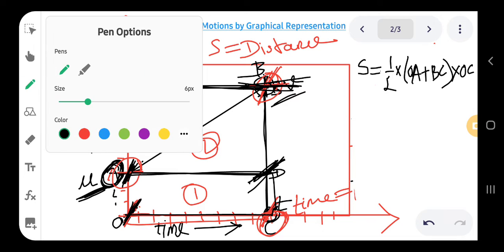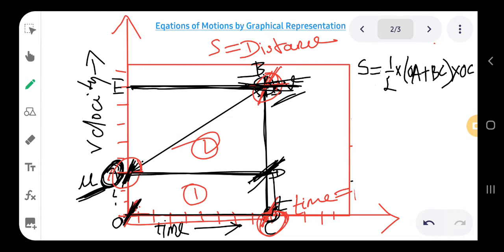Now we know very well, again I am repeating, OA is not our T. OA is our initial velocity. So BC is our final velocity, and OC is our T. That means, let me write it here only, because there won't be any space left.